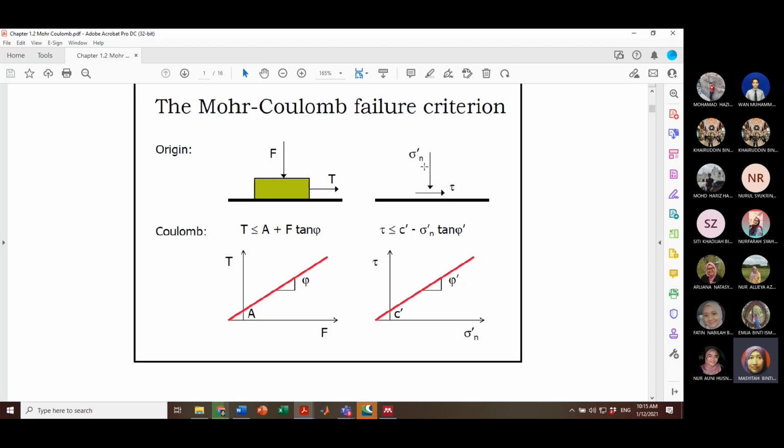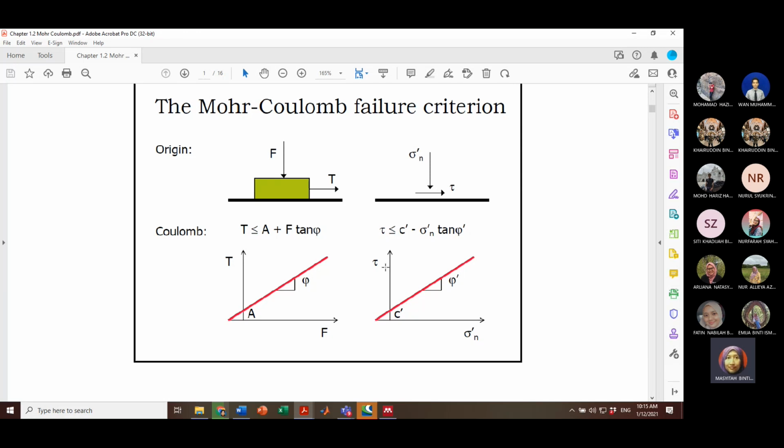So the normal stress sigma n and the shear stress can be presented in the Coulomb equations, as before in soil mechanics or geotechnics. These are the shear strength parameters that you can have from the Mohr-Coulomb failure criterion.